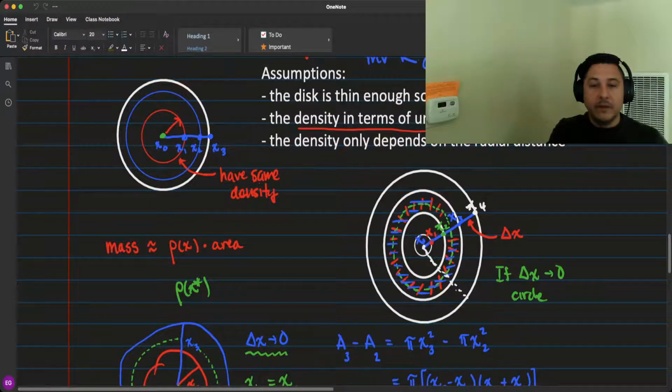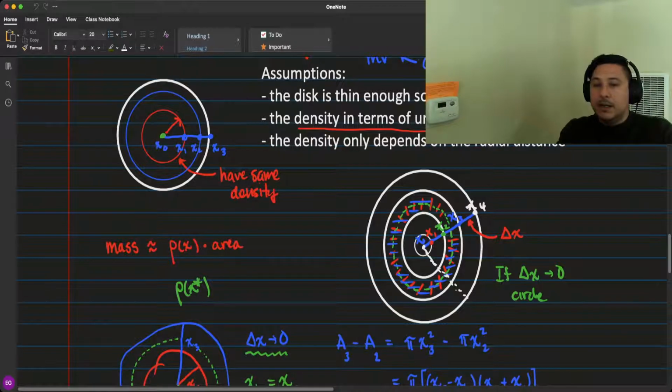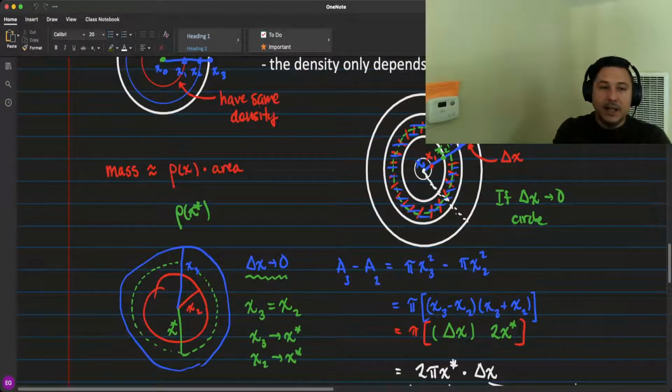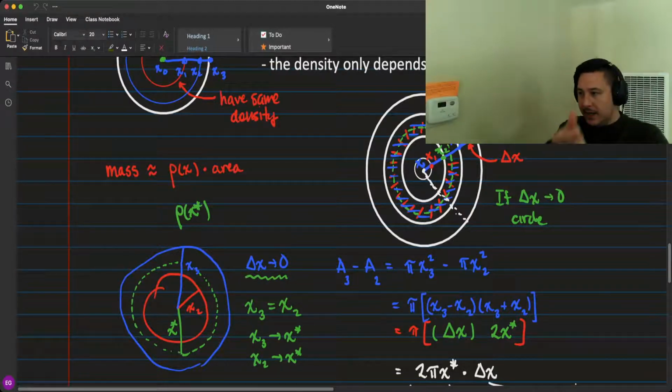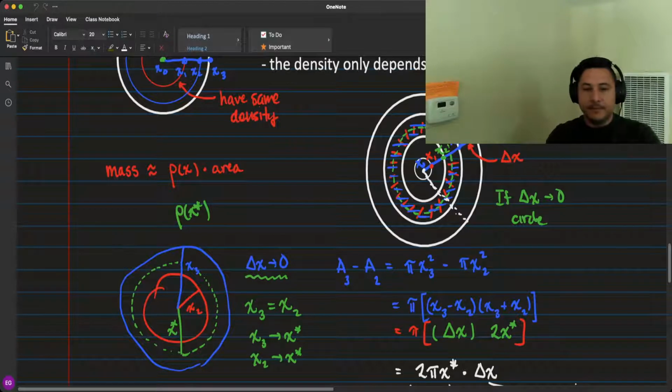I looked at one of those circles, you can see it has little hash marks. The idea was, if we want to calculate the mass, we multiply the density by the area. So we calculated the area of that little annulus, the ring. That's why I have A3 minus A2. You take pi r squared minus pi r squared.